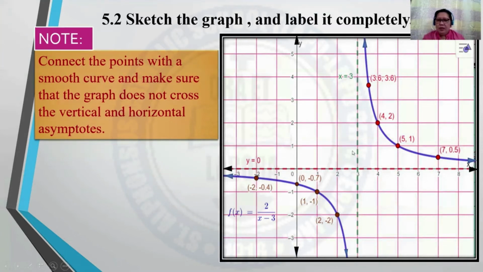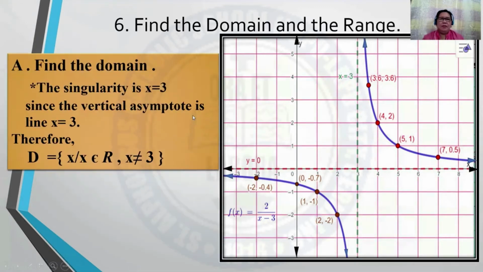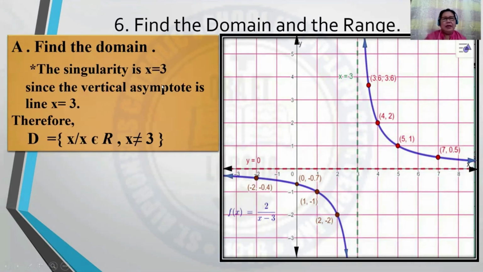And also the vertical asymptote x is equal to 3. And it has no oblique asymptote because looking at the given, the degree of the numerator is less than the degree of the denominator. Then find the domain and the range.